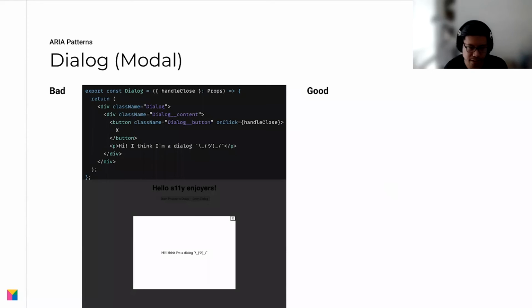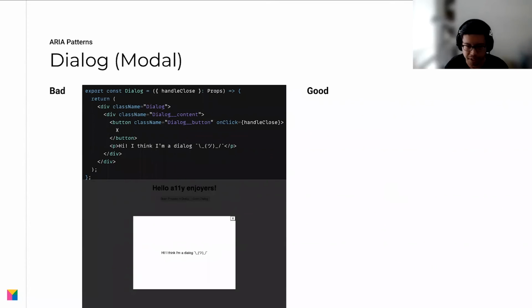So I ran Google Lighthouse on this page when this dialogue was up, and it passes everything. It doesn't know that you're trying to convey to a user that this is a dialogue conceptually. So it doesn't know that there's anything wrong in terms of accessibility with this. So tools are great, but it's not going to get you all the way.